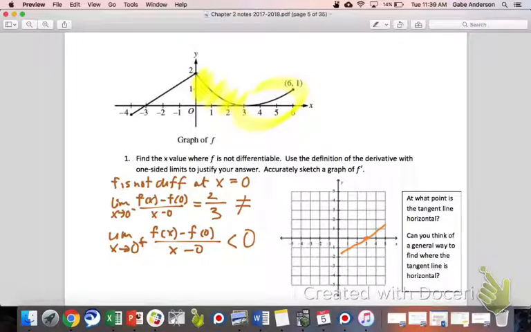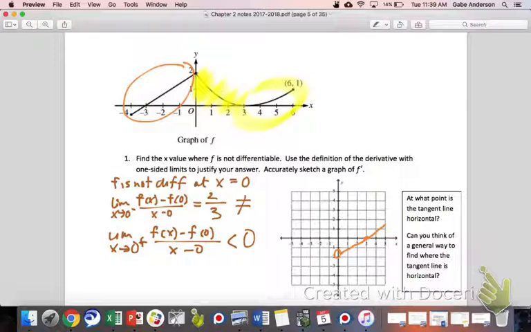Does that work okay? Now, we know for sure that at x equals 0, f prime doesn't exist, right? We already discovered that. So I'm going to put an open circle right there, because of course an open circle means it's not defined right there. Now on the left, we had a line, and what did we say the slope of that line was? That means that no matter where we are on that part of the graph, f prime is 2/3.